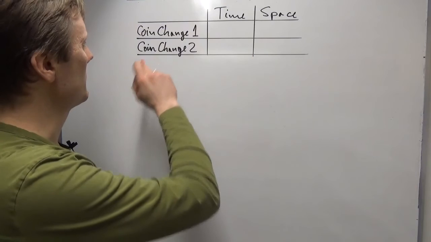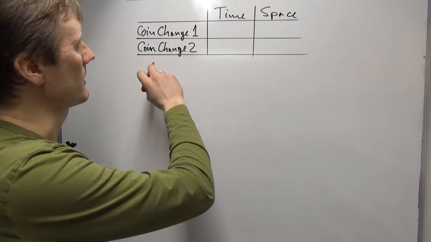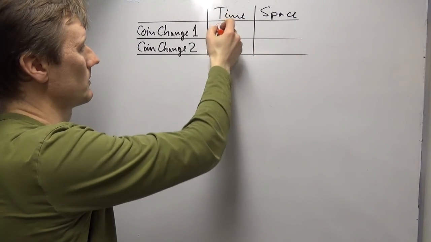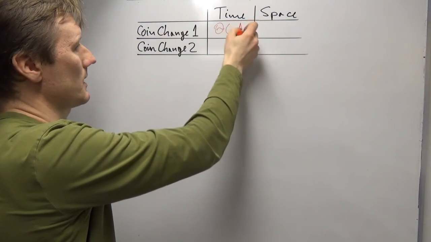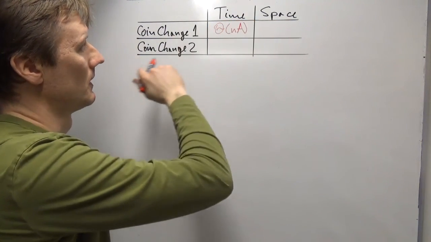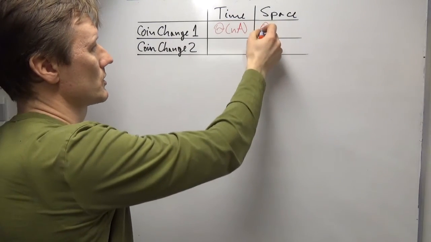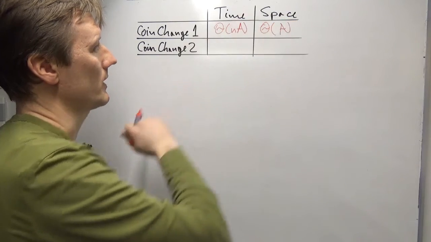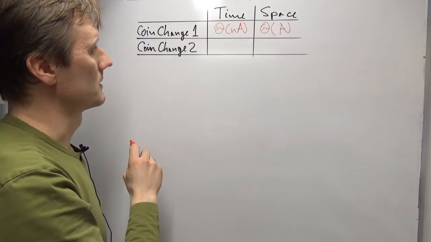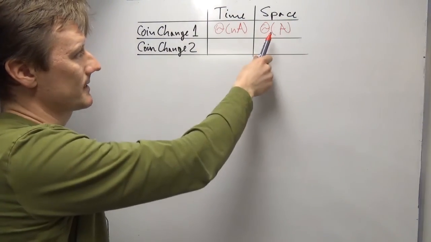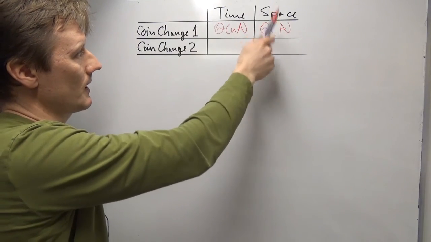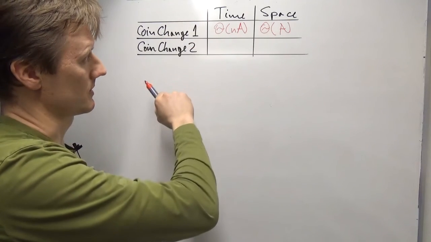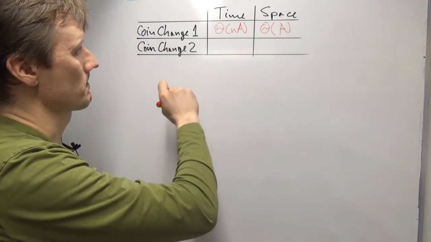And we have seen that coin change 1 has running time which is n times A, and space which is proportional to A. So it had A subproblems, and on each subproblem it considered n choices in the worst case.